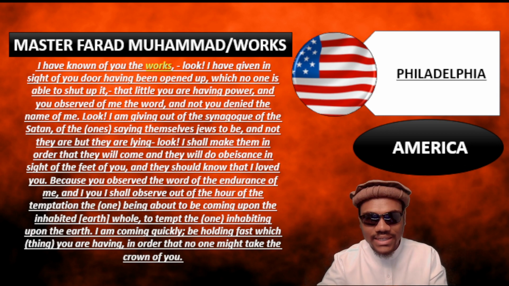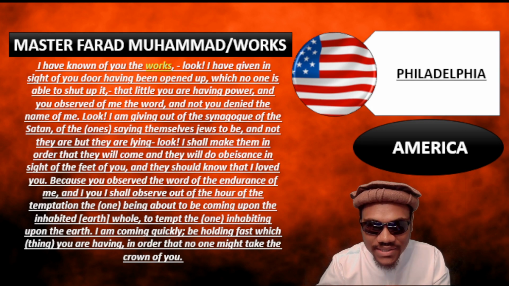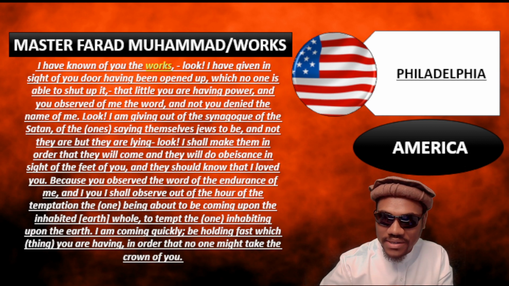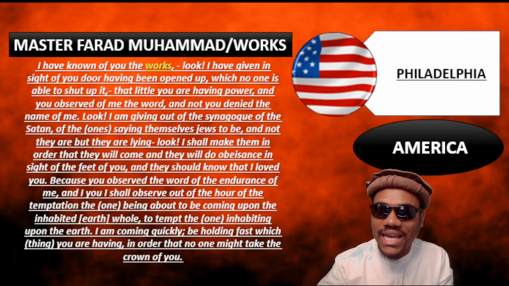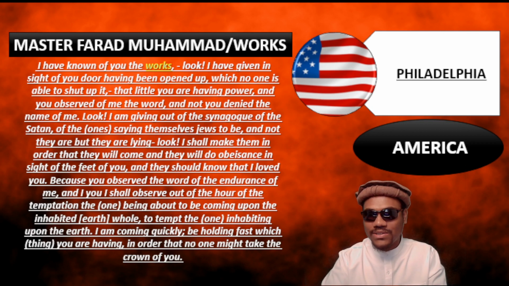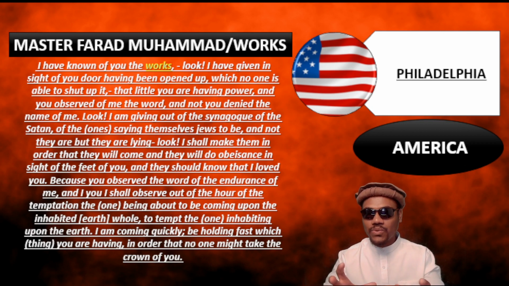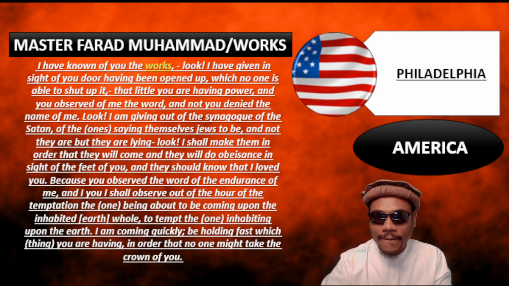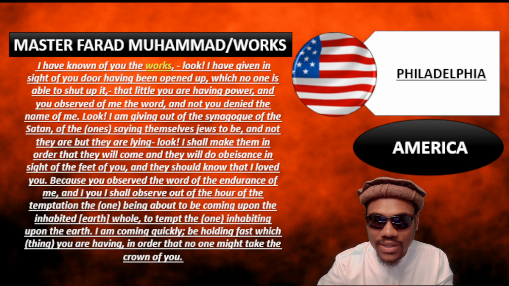You see? And it says that he said, I shall make them in order that they will come, and they will do obeisance in the sight of the feet of you. That's that formula again, brothers and sisters. That revelation is key in that tool, the stuff that we use. And you see, you don't know what that's saying, but you know. And he's saying in the feet of you, and they should know that I loved you.